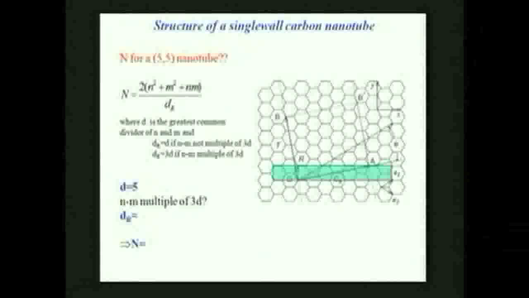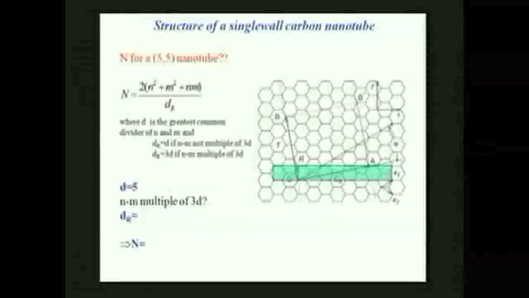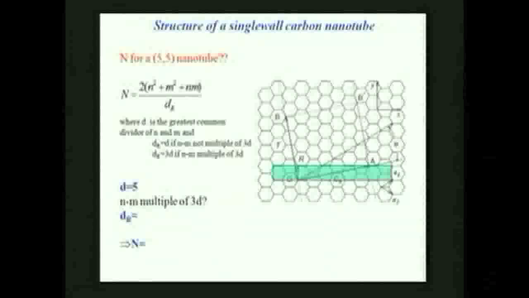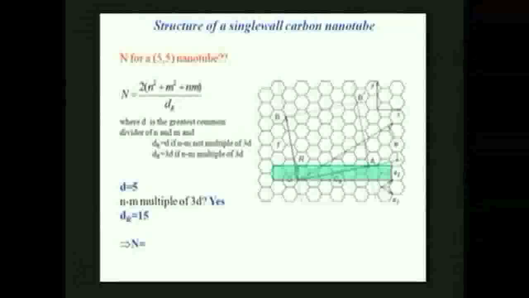When you divide 0 by 15, can you find an integer? Yes, you find that the result is 0. So 0 is a multiple of 15. Actually, 0 is a multiple of any integer. So you are in the case where n minus m is a multiple of 3D. So d_R, as it's defined here, is equal to 3D, that is 15.